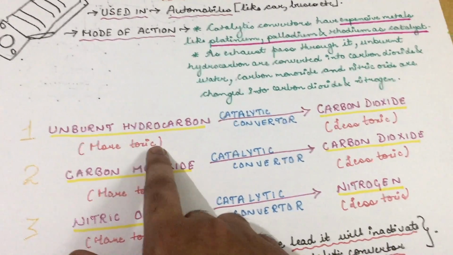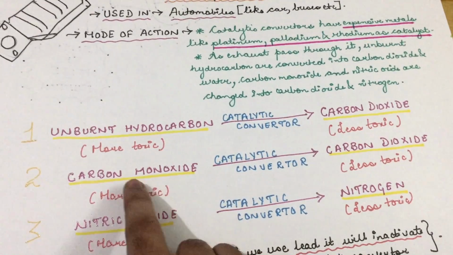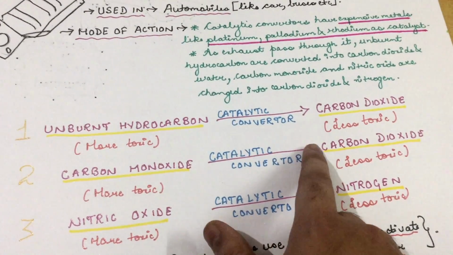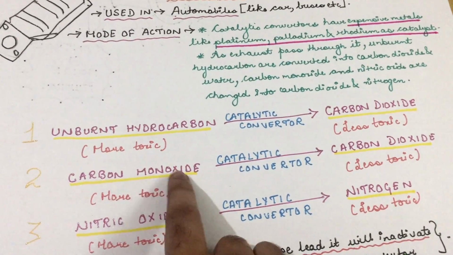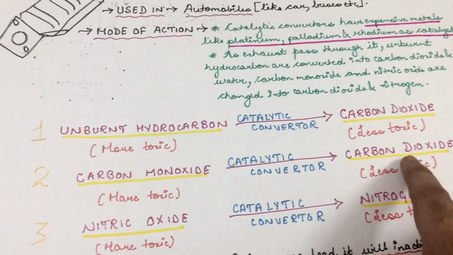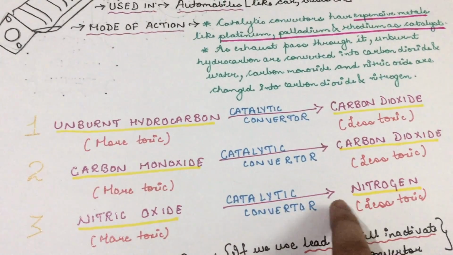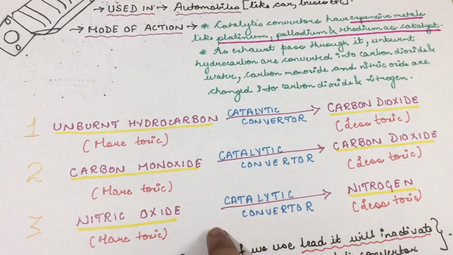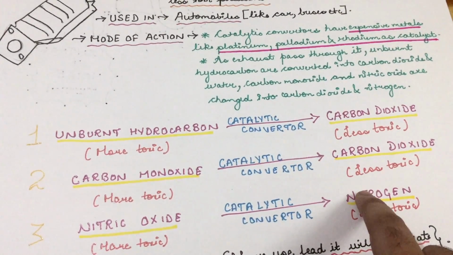Similarly, carbon monoxide is converted to carbon dioxide, and nitric oxide is converted into nitrogen. Again, more toxic products are converted into less toxic products.